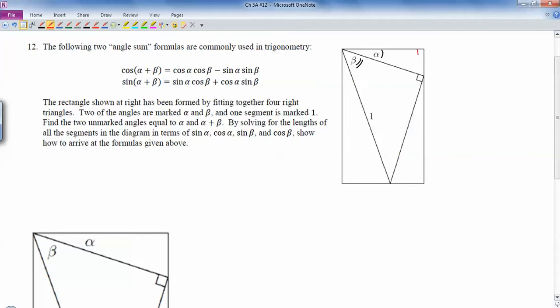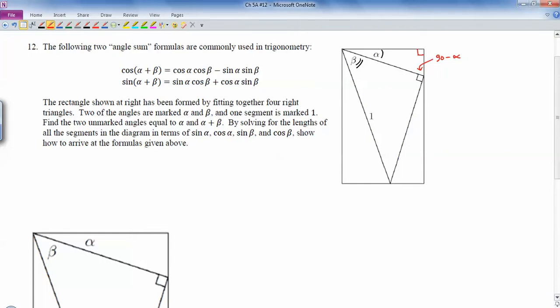This angle right here has to be 90 because it's part of a right triangle. And I know that alpha plus 90 plus this missing angle has to be 180. So if I subtract the 90 and subtract the alpha, then this angle ends up having to be 90 minus alpha. And if you think about adding it to the other two angles, you end up with 180.